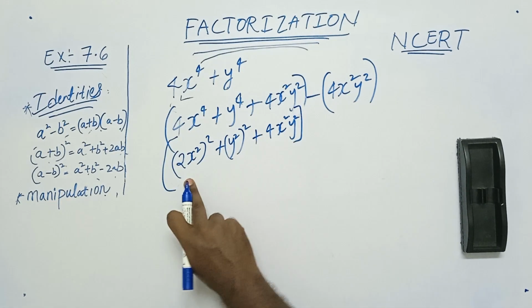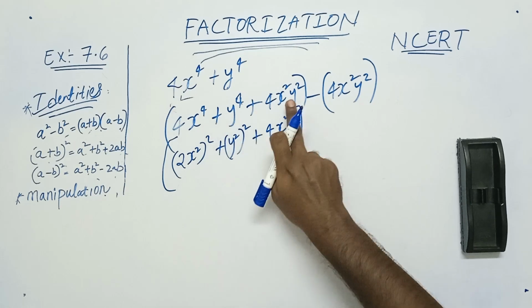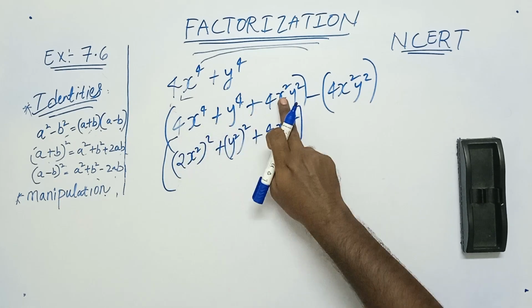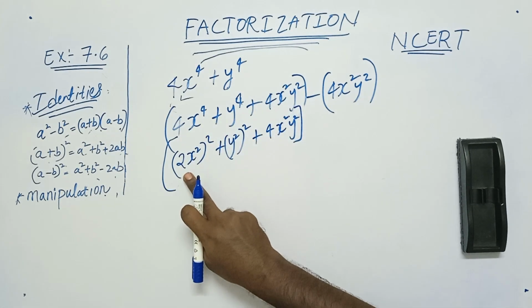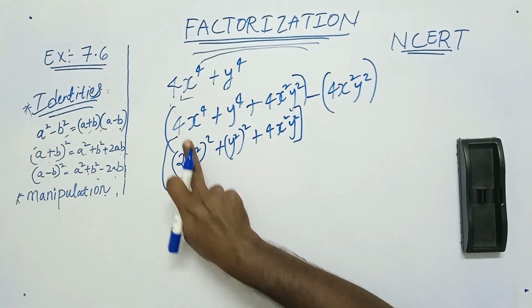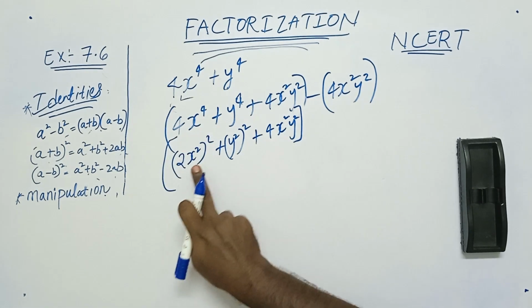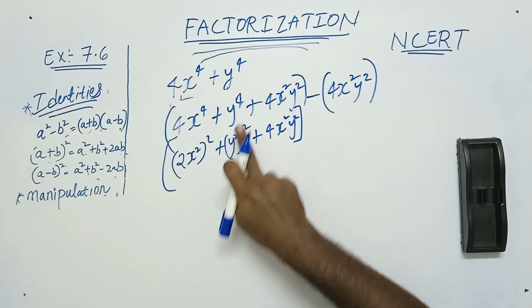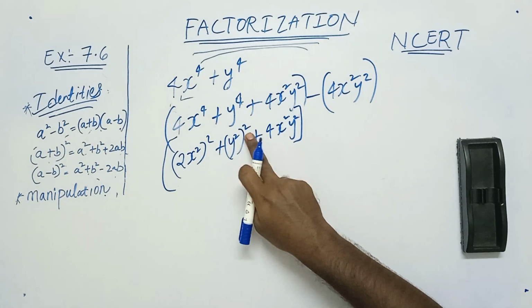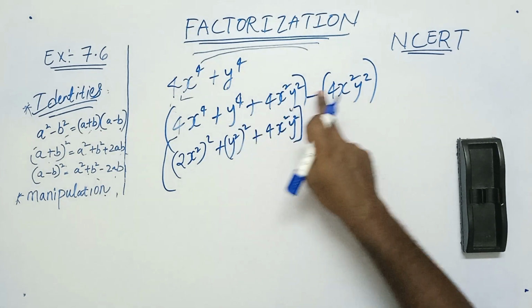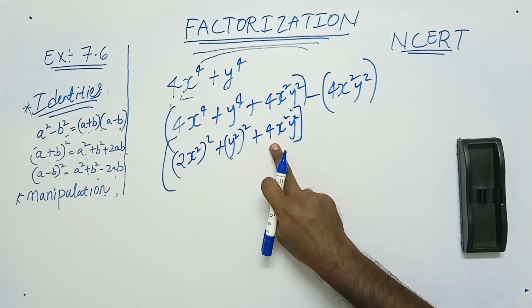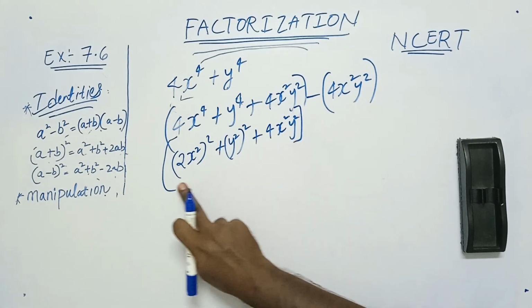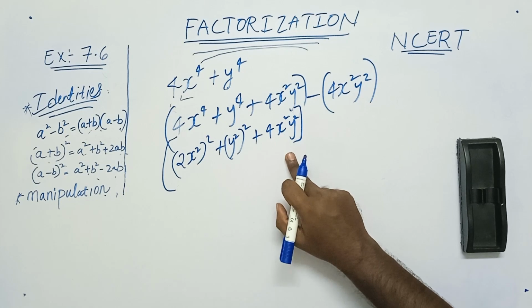When you write the terms of this expression in exponential form, 2x square to the whole square and y power 4 as y square to the whole square, plus the term 4x square y square, this looks like a plus b whole square.